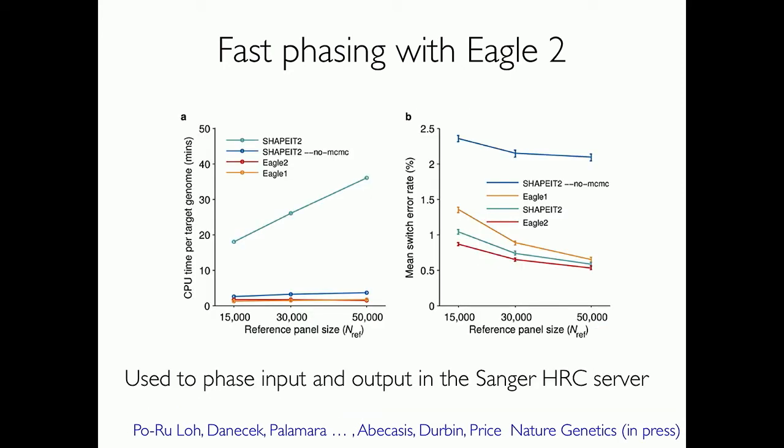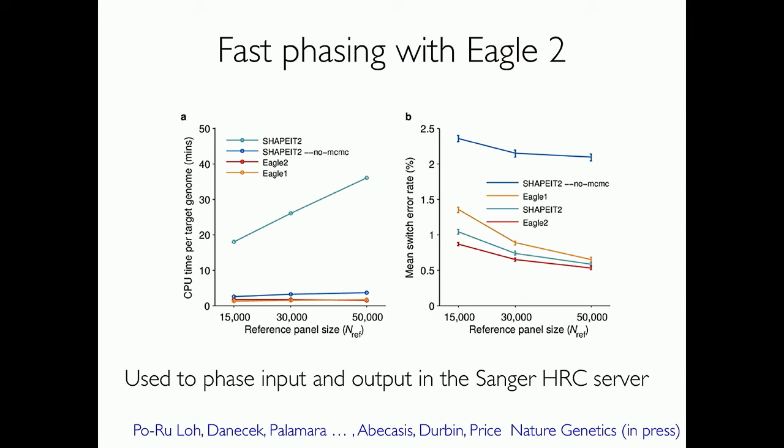So here we have ShapeIt2 in its mode. This is reference panel size from 15 to 50,000. This is CPU time per target genome. These are two versions of Eagle, essentially flat. The first version of this was ShapeIt2 with no MCMC, which is the blue line. So you can be fast with ShapeIt, but if you don't use MCMC, then you're fast but not so accurate. If you use MCMC, then you slow down and you're more accurate.